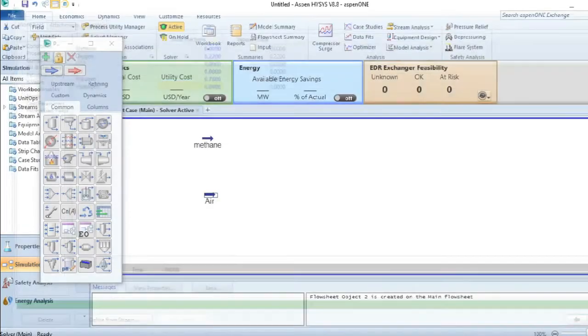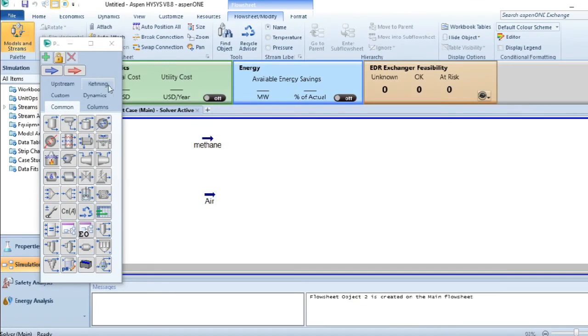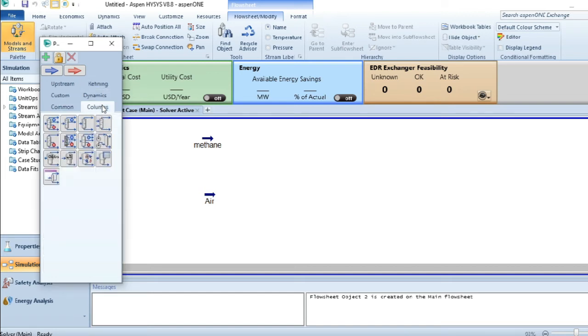So we now proceed to add our conversion reactor. We check the columns. This is combustion reactor, this is equilibrium reactor. So ours for this tutorial is conversion reactor. We drag it here.